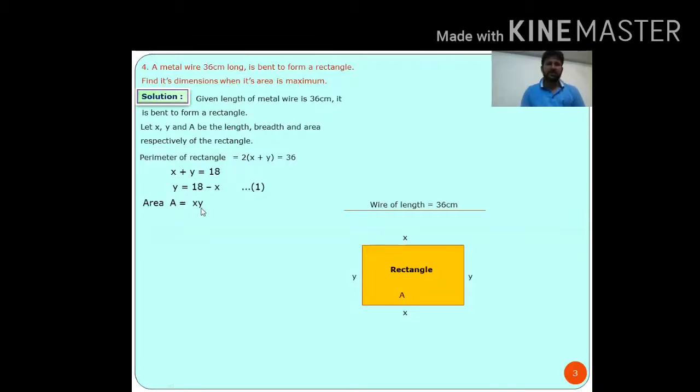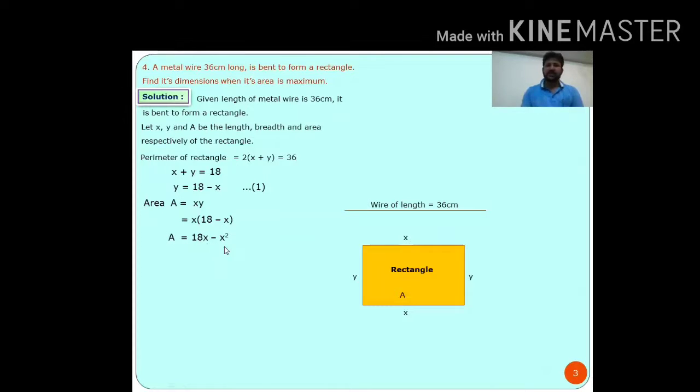First, the function must be expressed only in terms of x, so the value of y is replaced from equation 1. Therefore area A is equal to x into (18 minus x), which simplifies to 18x minus x square. Now this is a function in terms of x.